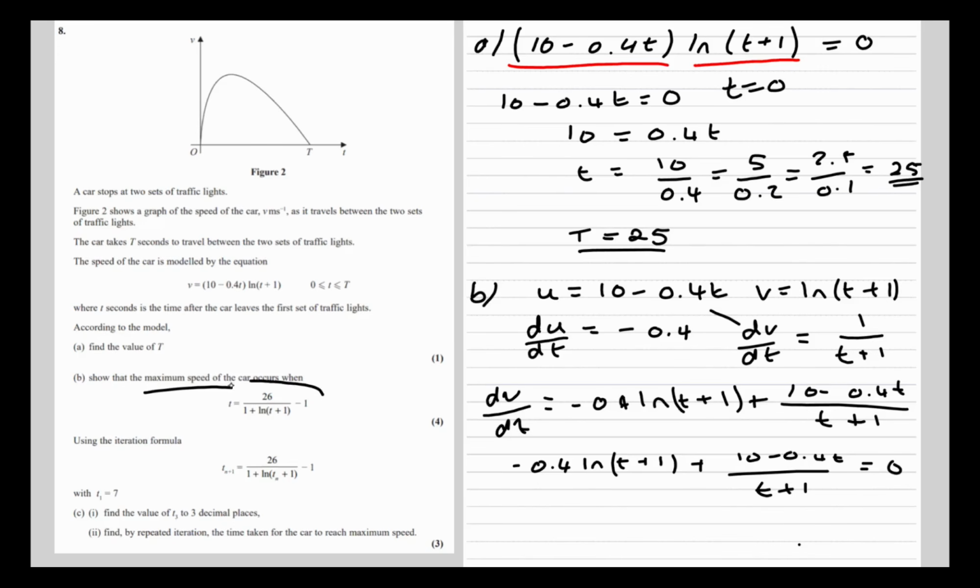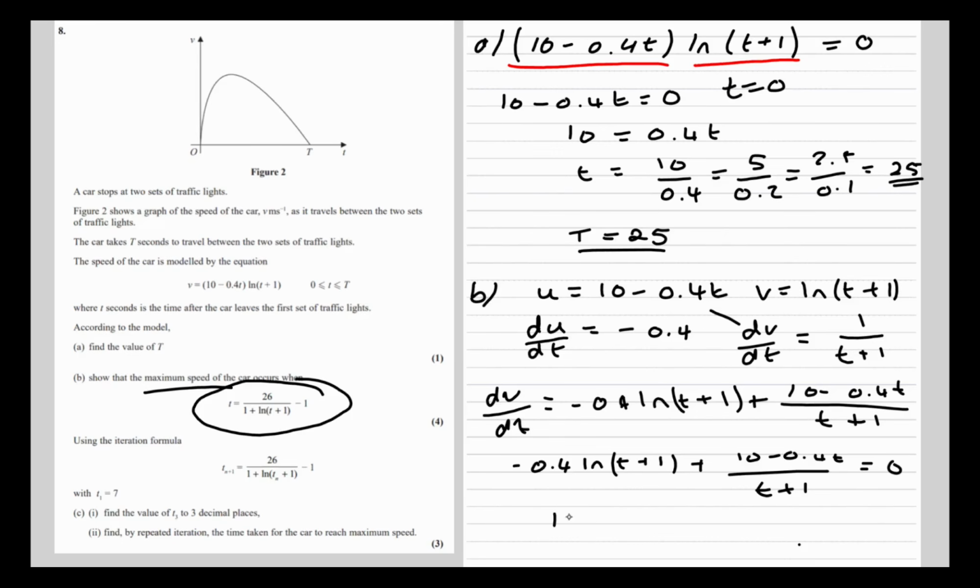We need to rearrange it to get it into this form. So we want to get t to be the subject, but we can ignore the t within the log. So we need to get these two t's on the same side and get everything else on the other side. So let's add 0.4 ln(t plus 1) to both sides.